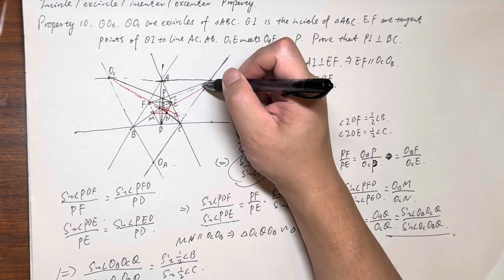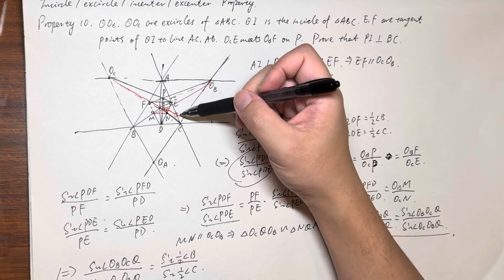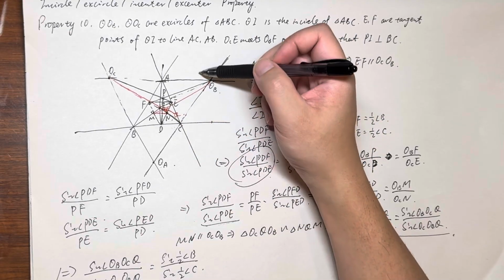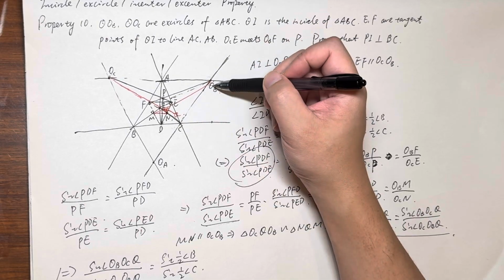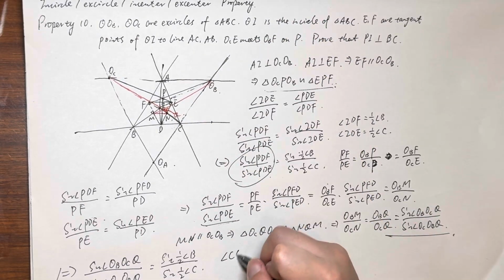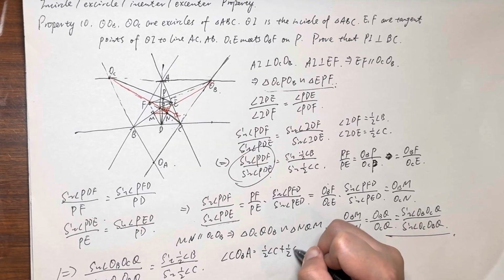We know that this angle will be equal to this angle, would be half of angle C, which means that this would be half of angle A. So the angle COBA equals half of angle C plus half of angle A.